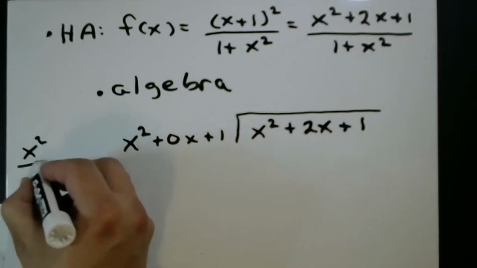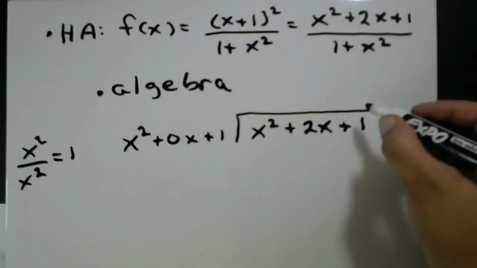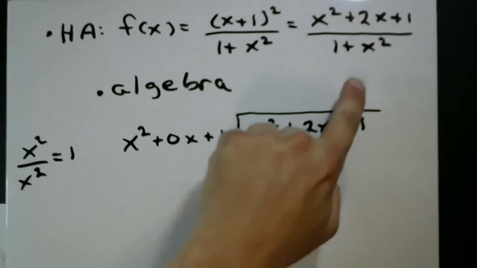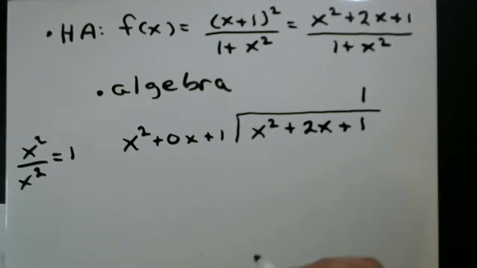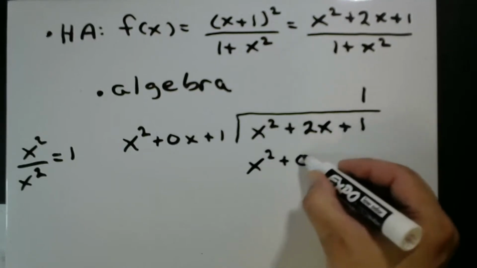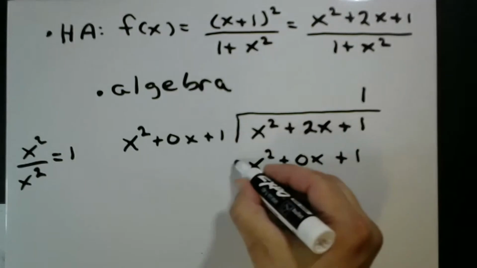x squared divided by x squared is equal to 1. Put a 1 over the constant section there. Then we take this, we multiply it to the whole thing. And when we do that, we'll get x squared plus 0x plus 1, because we're just multiplying by 1.